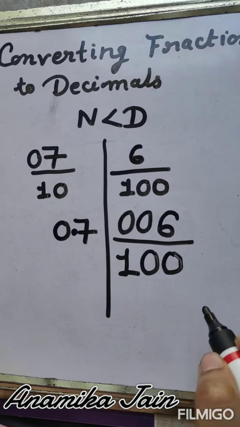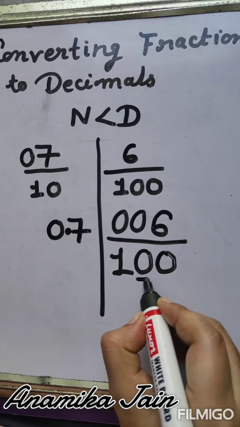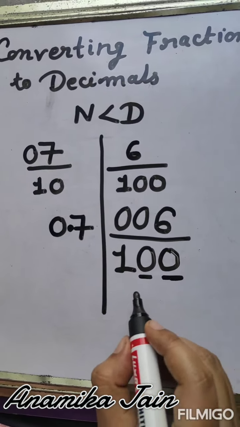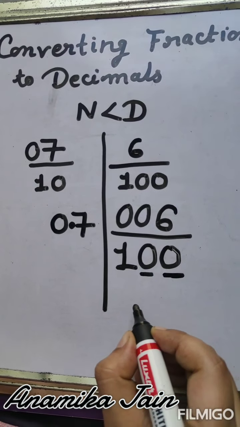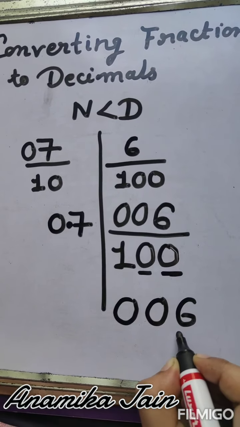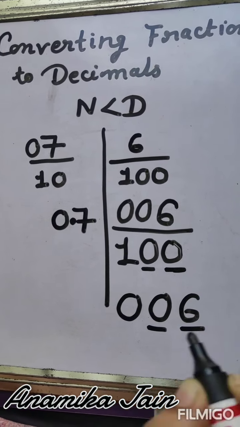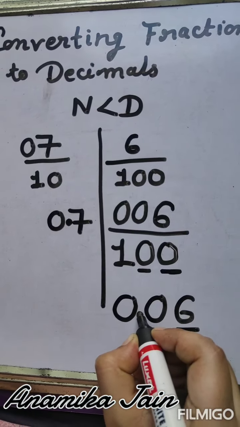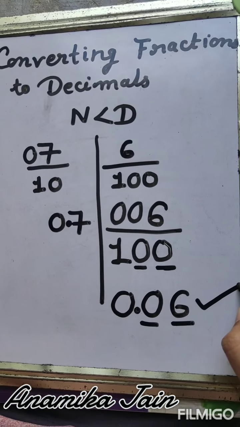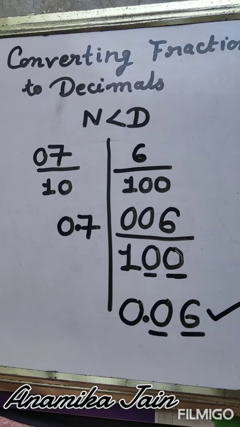Now we will see how many zeros are there in the denominator. There are 2 zeros. So we will put a decimal point before 2 digits from the right hand side, and we get the decimal form of the given fraction.